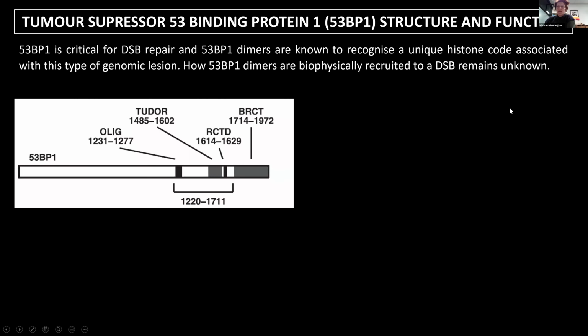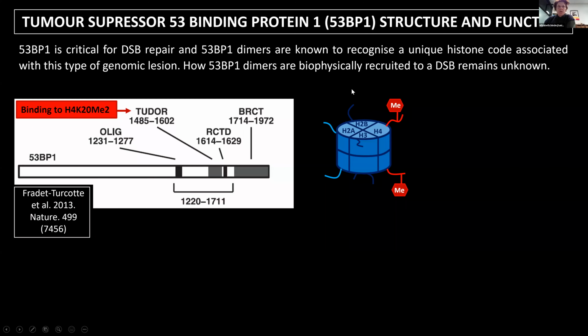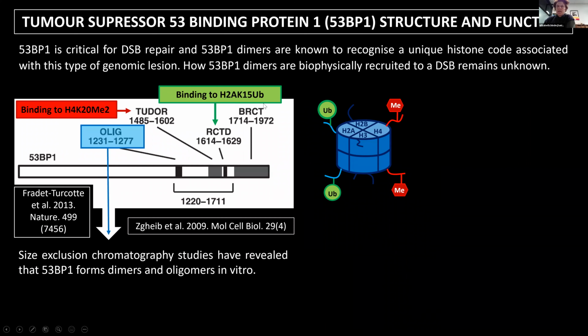But how these dimers are actually biophysically recruited to the double-strand break, prior to recognition of this unique histone code, remains unknown. So here's a schematic of a nucleosome, and what's known with respect to 53BP1 is that it must bind to H4K20 methylation, and it also must recognize H2A15 ubiquitination.